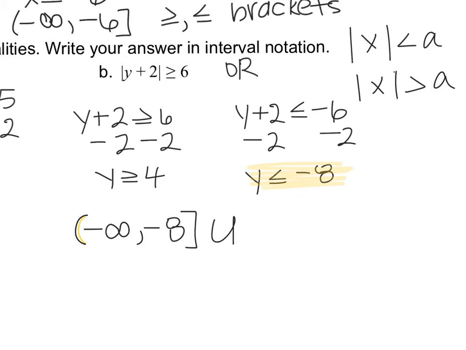Then we're going to do our union, our U to represent OR. Now we're going to do everything greater than or equal to 4. So I'm going to start with my value, 4, and go into infinity, and because the 4 is equal to, it's going to get a bracket. Both of our inequalities had equal to, so both of our values get brackets.